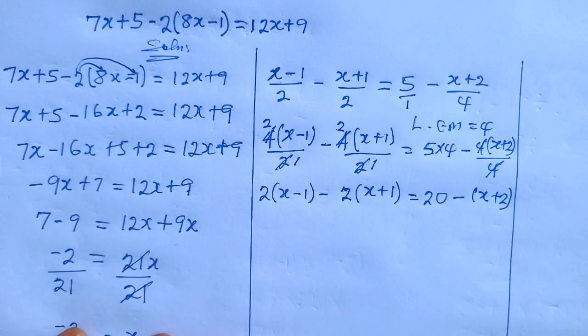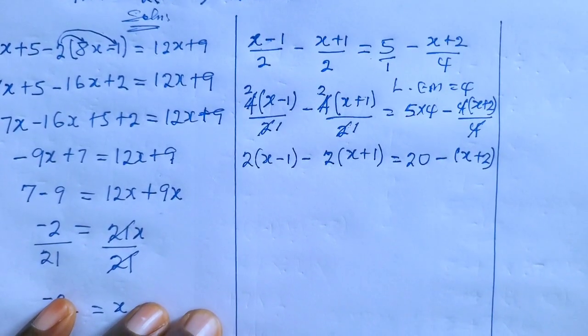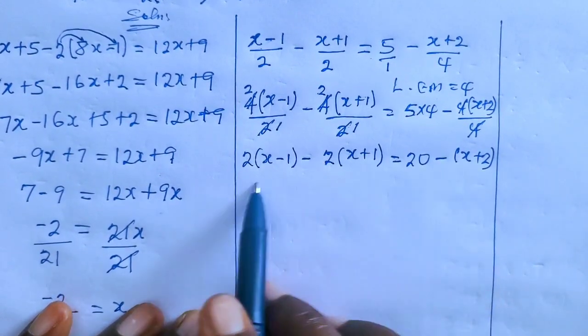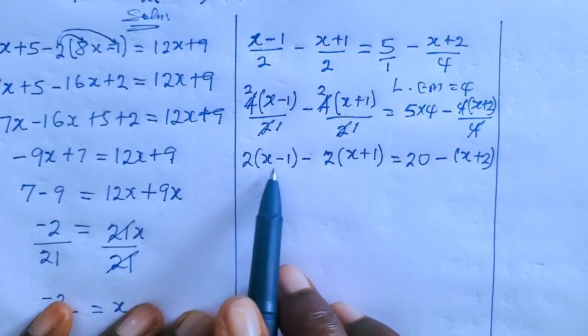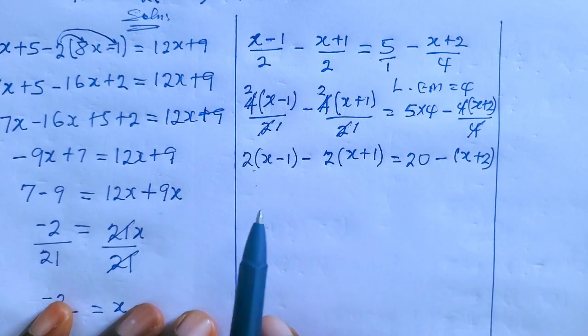Now the next step to be considered is to clear out these brackets by multiplying each term inside the bracket by the numbers outside the bracket.